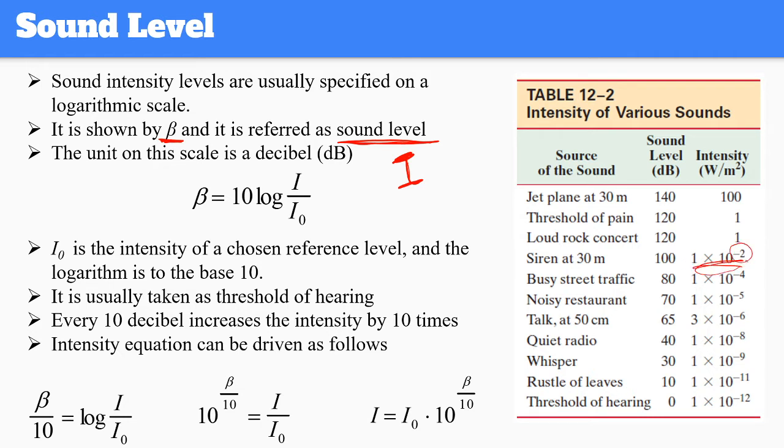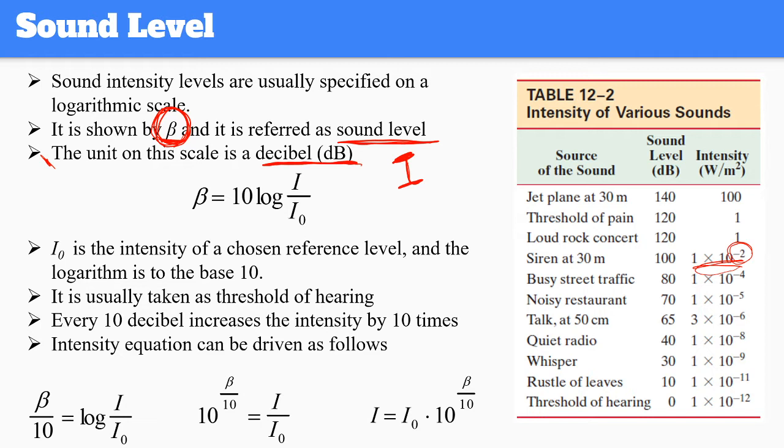You basically increase the power of it because the way that they have scaled it is a little bit different. It's a logarithmic scale, so they decided to have another measurement unit for that. It's the sound level, and the unit for that is decibels.